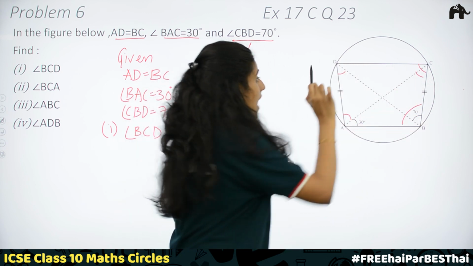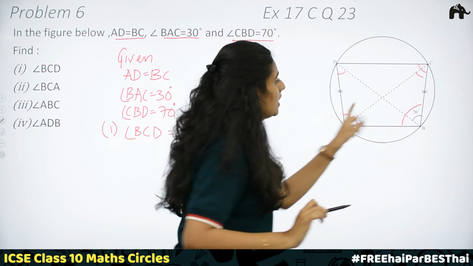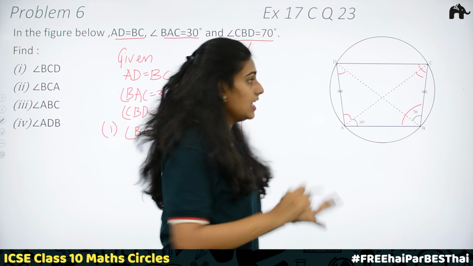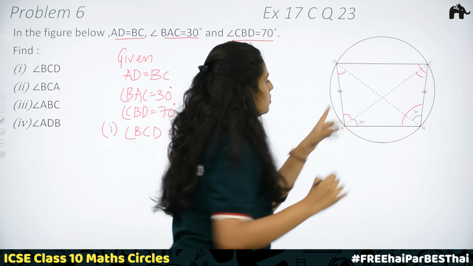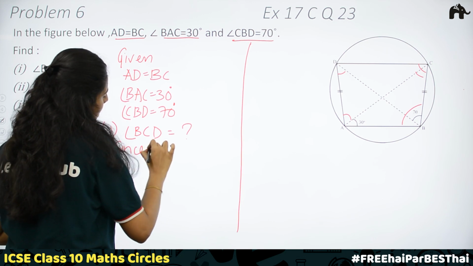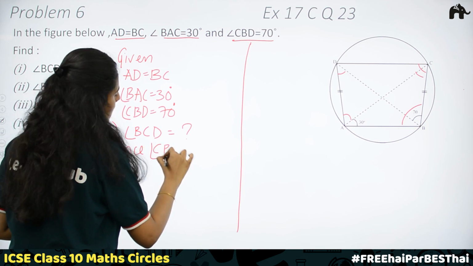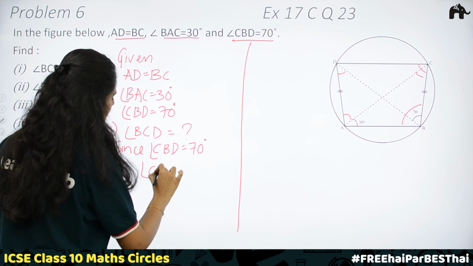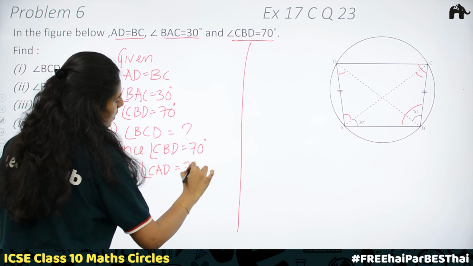Therefore, the angles subtended by the same chord are equal. Since CBD is equal to 70 degrees, we get CAD also equal to 70 degrees.